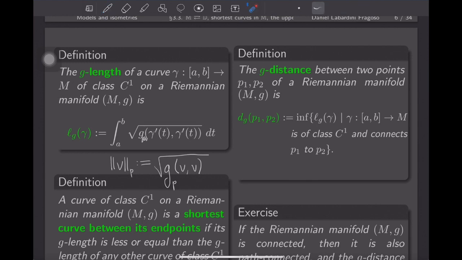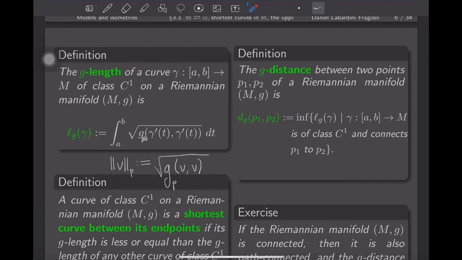Now if I have a curve of class C1, by which I mean it has a first order derivative that is continuous, or if it's easier for you, just think about curves of class C infinity.